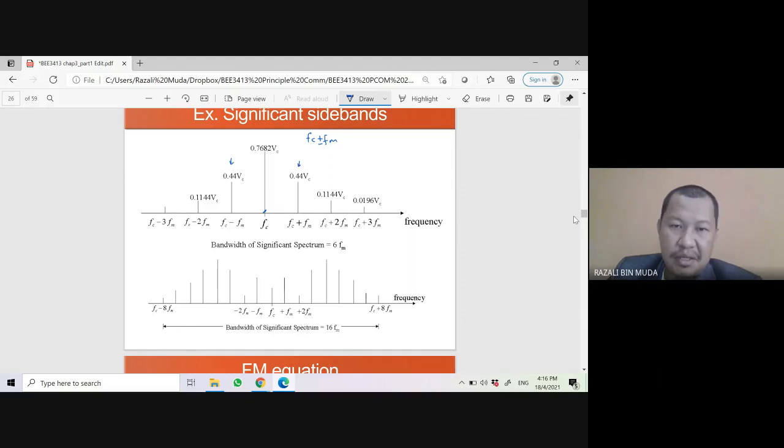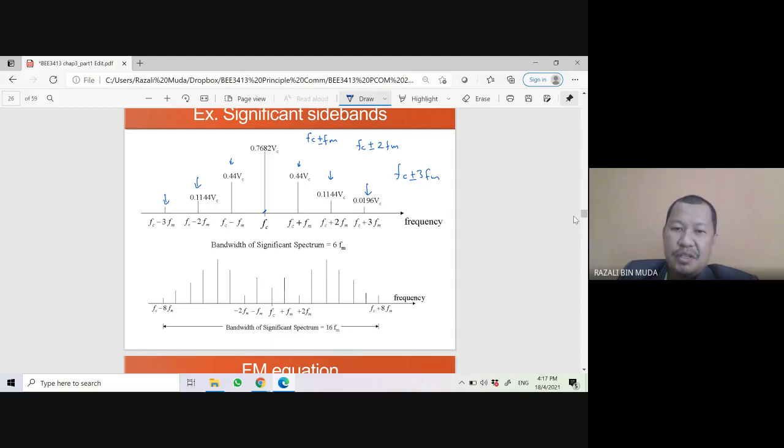The second sideband is FC plus minus 2 FM, this is 2 FM and this is FM. FC plus 2 FM, FC minus 2 FM. And the third is FC plus minus 3 FM, which is this one and this one.